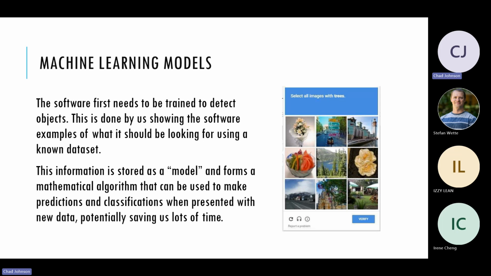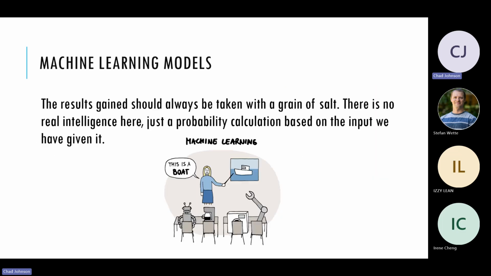That saves us a lot of time because computers can think a lot faster than us and can run through a lot more data than we ever could. So the result should always be taken with a grain of salt. There is no intelligence here. It's just a probability calculation based on what we have given it.